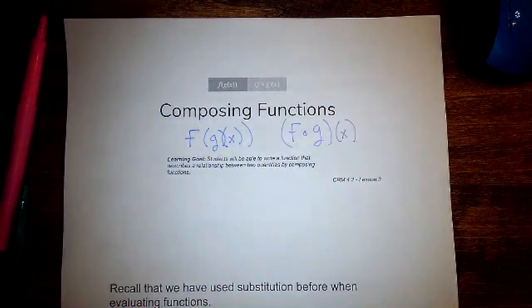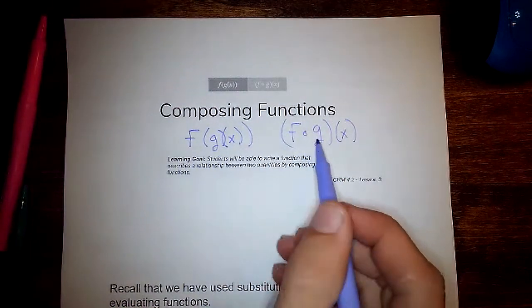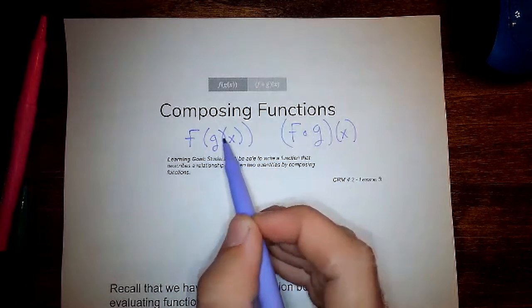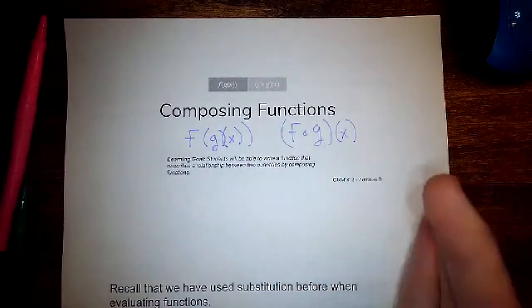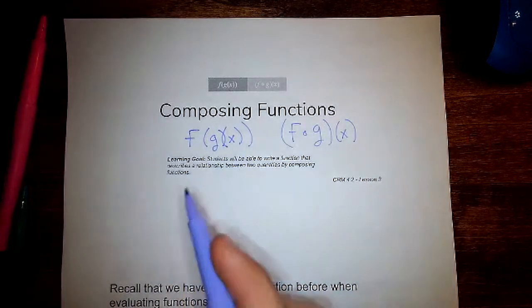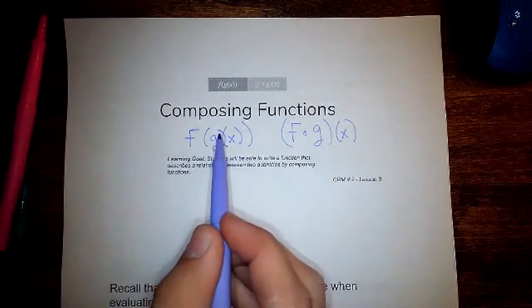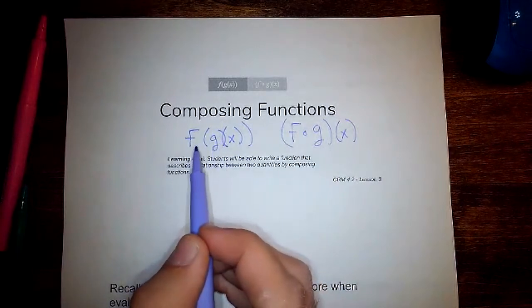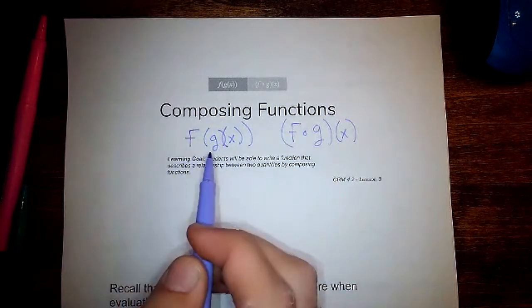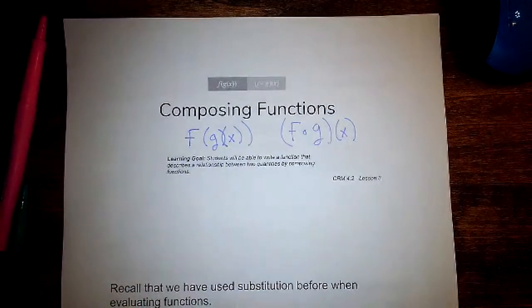So those are two different ways to see functions within functions. The one in the middle is what you substitute in. So whatever g is, that is what you would input into the function for f. You'll see this when I go over the first example.